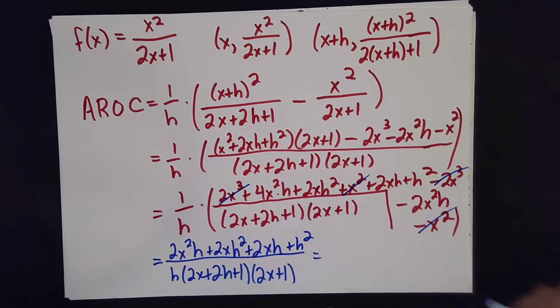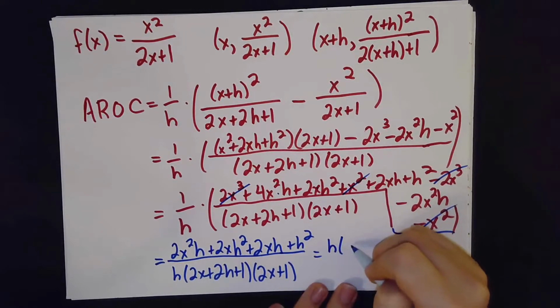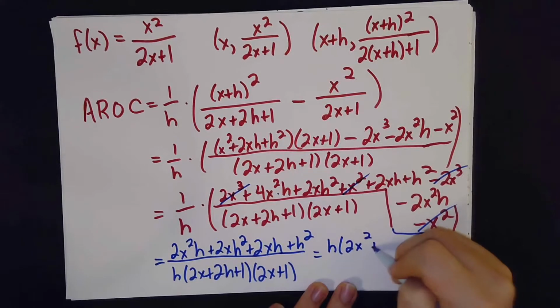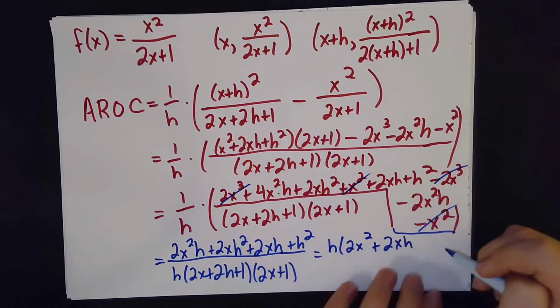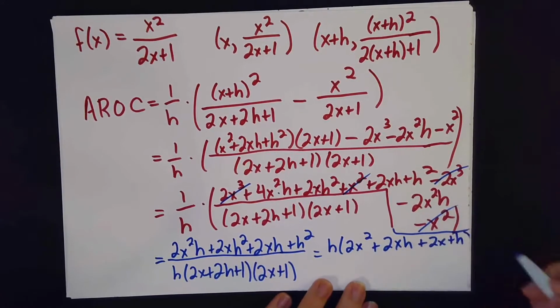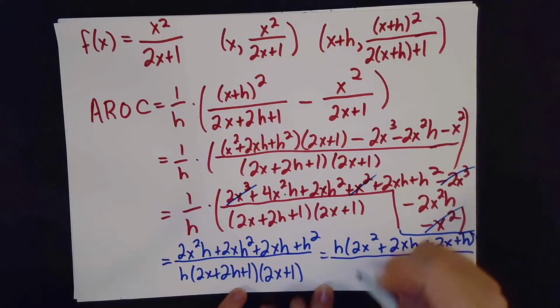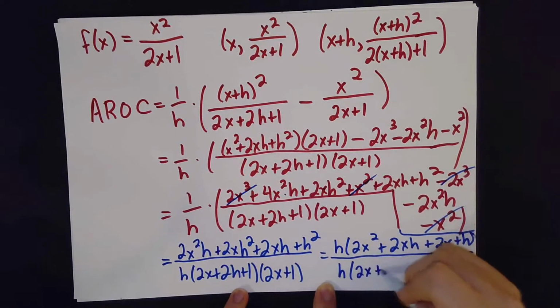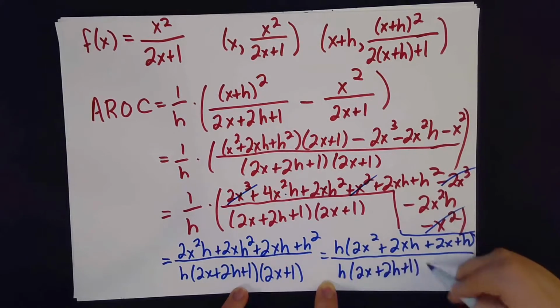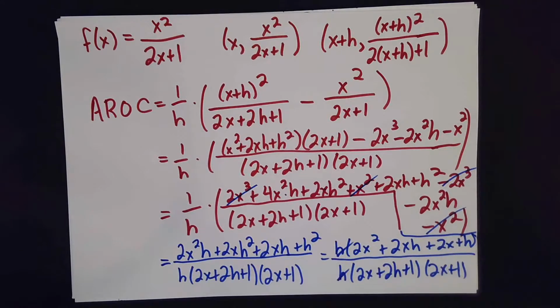And now I can factor an h out of the numerator. And those cancel, which is what we hoped for.